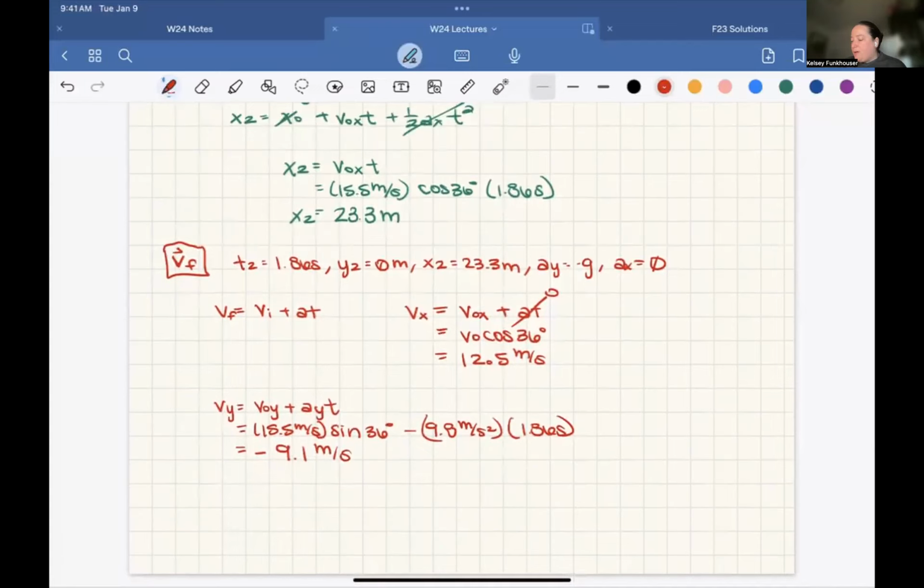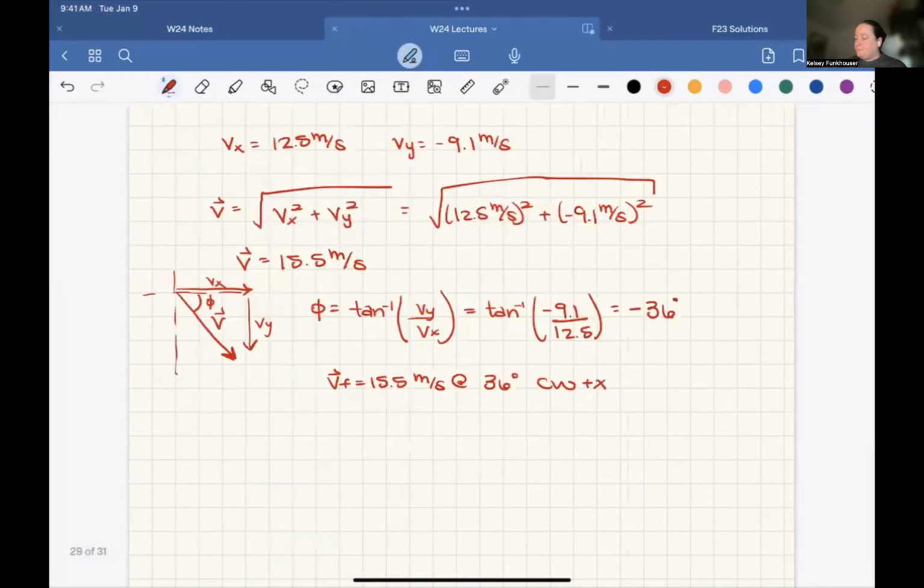In x, we knew that it didn't change, there was no acceleration, so it was 12.5 meters per second. And in y, it was negative 9.1 meters per second. Then we found the total velocity, which ends up being the same as in the beginning, 15.5 meters per second. The direction is different though. Instead of being launched up at 36 degrees, it's down at 36 degrees. Okay, that is everything. I hope you have a great day.